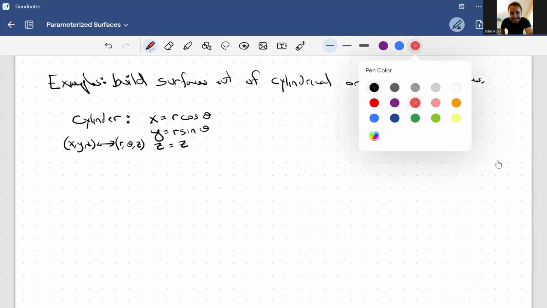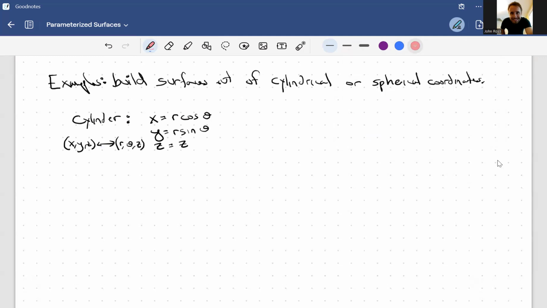Now, what I'm going to recommend we do if we want to think about a parameterized surface of some sort is we're going to take one of these variables, so the r, the theta, or the z, and we're just going to fix it. So we're going to make it not a variable, we're going to give it a quantity.